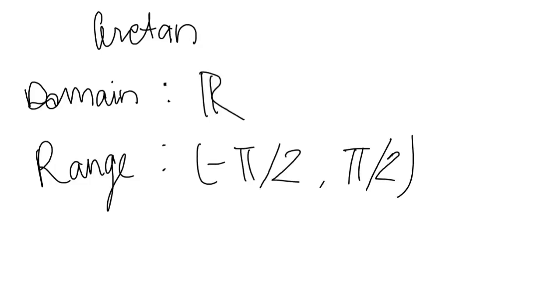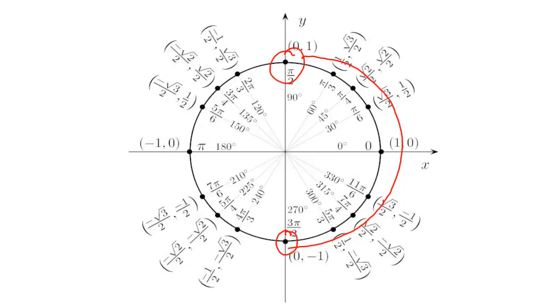Arctangent, when restricted, will always be an increasing number. Its domain is all real numbers, and its range is negative pi over 2 to pi over 2, which we will see by demonstrating the unit circle.